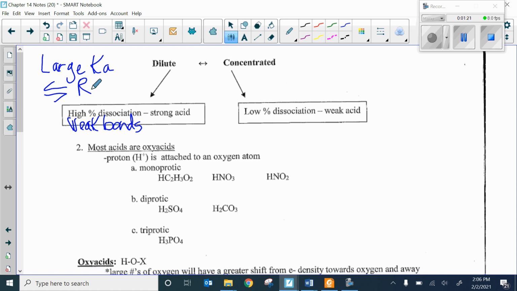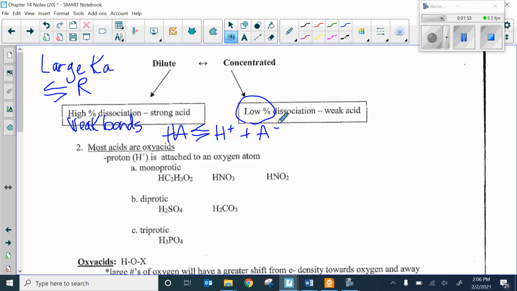And then obviously the converse is true for something that's concentrated on the other end that has low dissociation. It's going to have a small Ka, so that means its equilibrium is going to shift to the left, and it's going to have really strong bonds. If I have something that has high dissociation, it means I can take my HA, a strong acid, and it's going to dissociate into hydrogen ion plus the conjugate base.